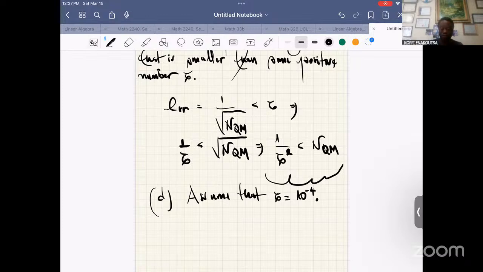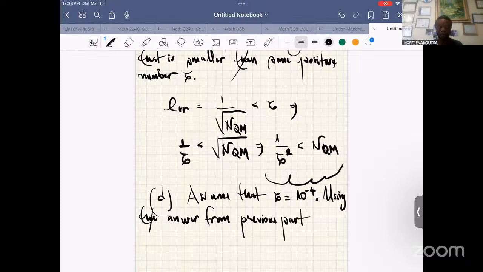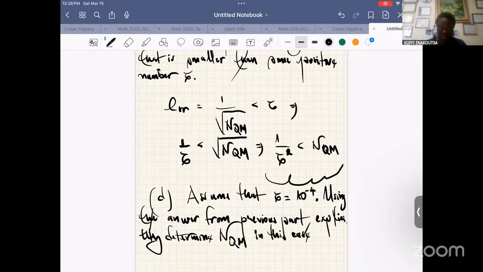Using the answer in the previous part, explicitly determine NQM in this case. Okay, so we'll do that.